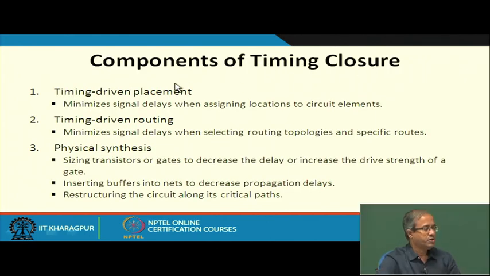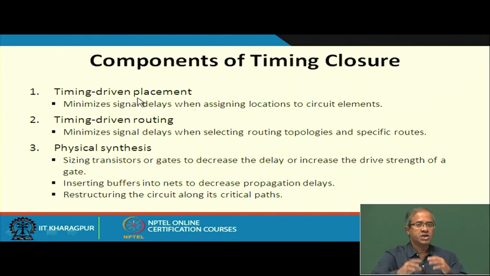So, talking about timing closure, as I said, placement and routing form the important parts. Now, broadly there are three things here. First is of course the placement. So, how to place the blocks such that the signal delays will meet the timing constraints as per our requirements.